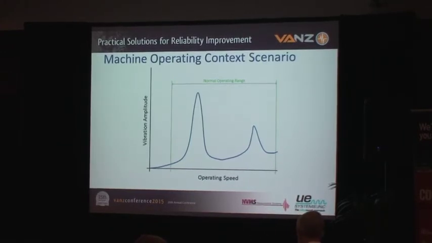So the question is, what do we use for a threshold to identify when we have a problem on this machine? And I would say, well, it depends, where are we running? Where on this curve are we running today so that we can identify what's normal and then what the real change is?